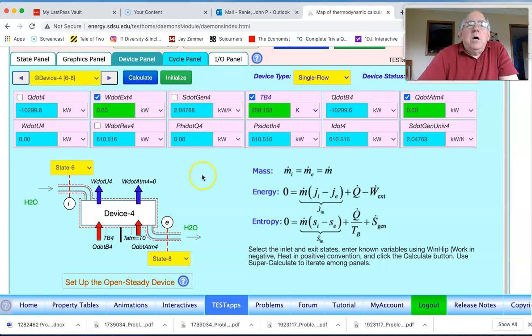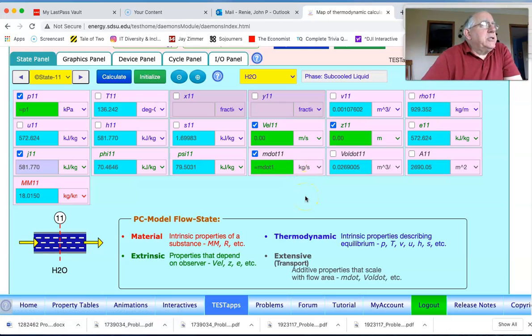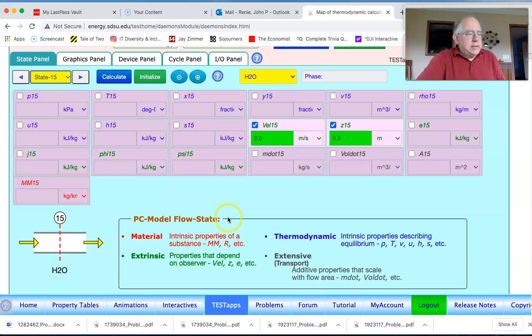Okay. So what we need to do, though, is we now need to go and add some additional states. And as I said, one of the states that we're going to add is state 15. And state 15 is going to have the conditions that are the actual output for the isentropic stage.